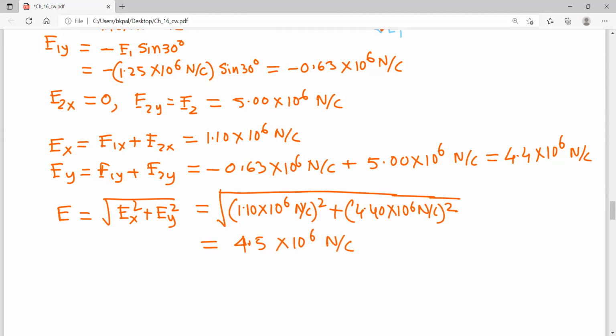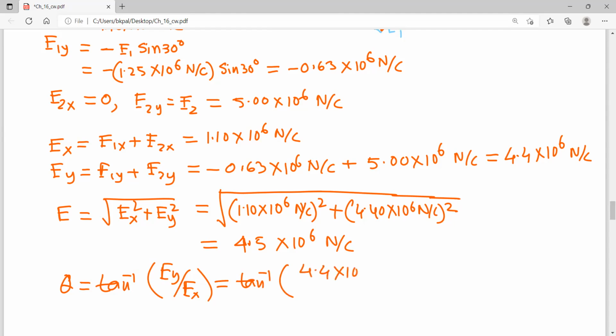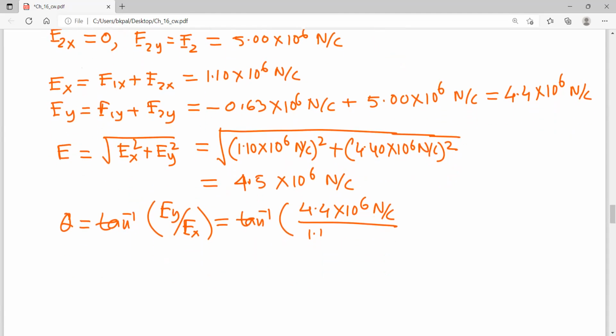So this is the magnitude. And then the direction will be the inverse tangent of Ey over Ex, where Ey is 4.4 times 10 to the power 6 newton per coulomb and Ex is 1.1 times 10 to the power 6 newton per coulomb.